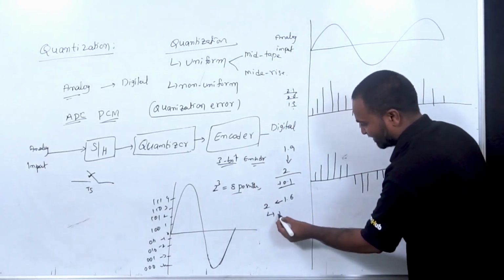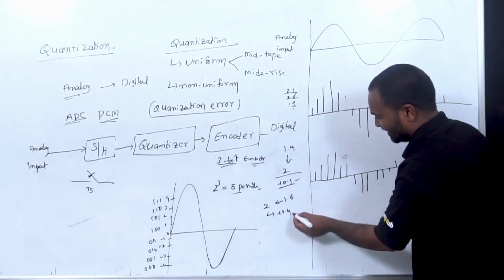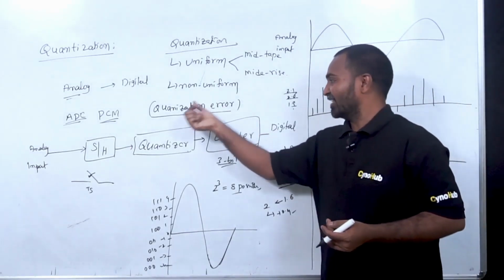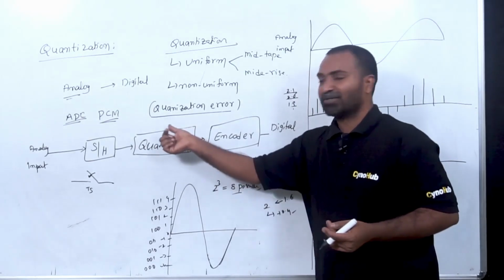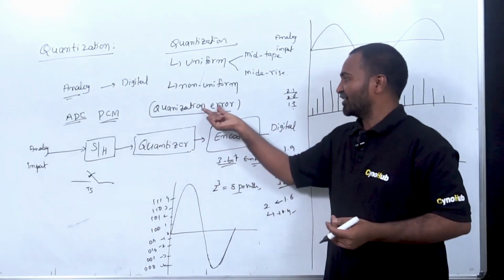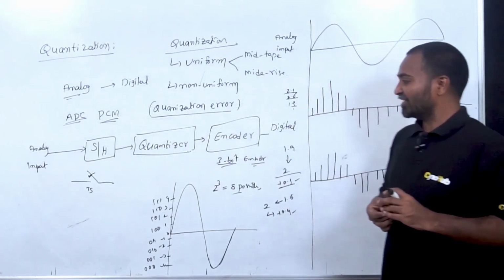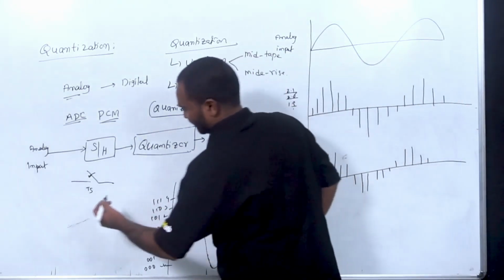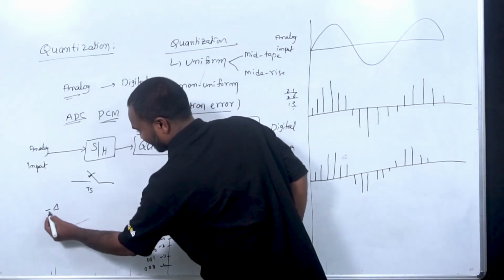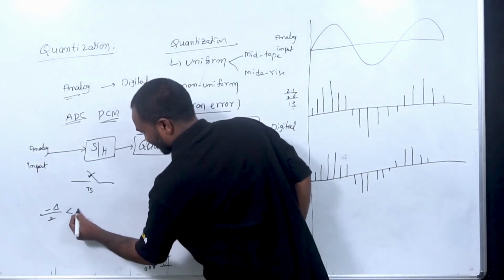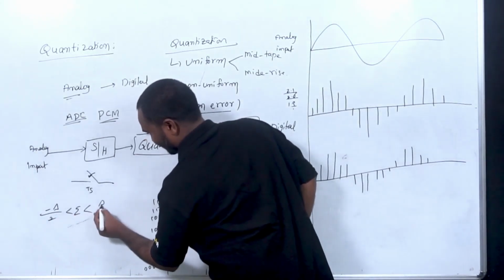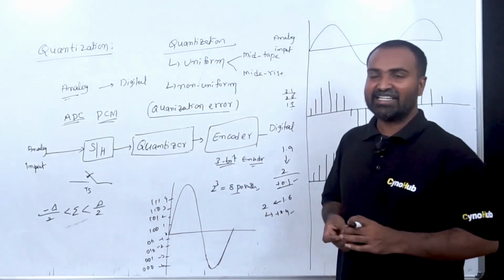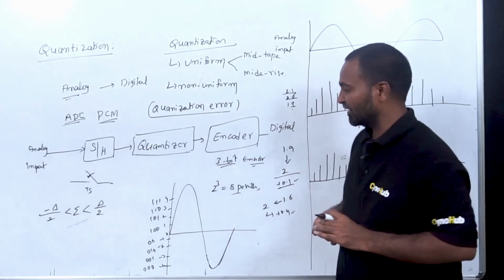These values are called error values, and the errors occur in the quantization. Therefore, this is called the quantization error. The quantization error is in the range of minus delta by 2 to delta by 2. Here delta indicates the step size.